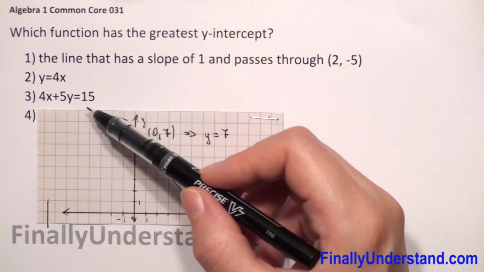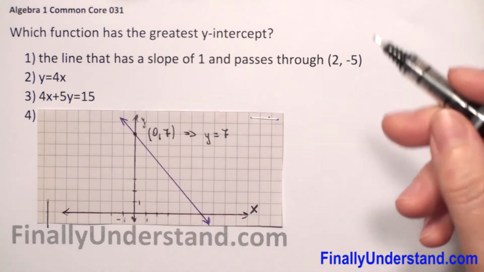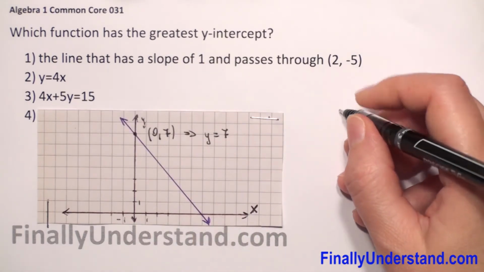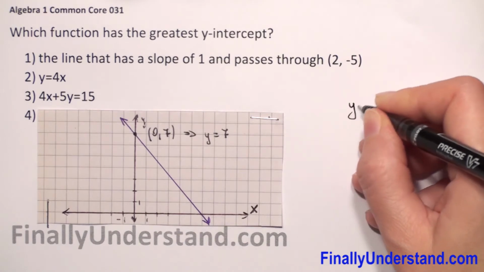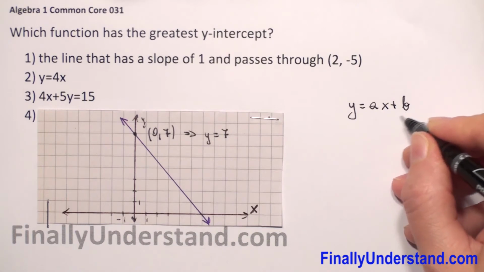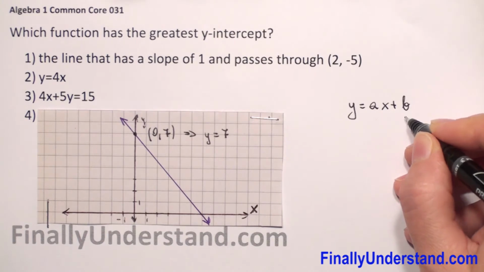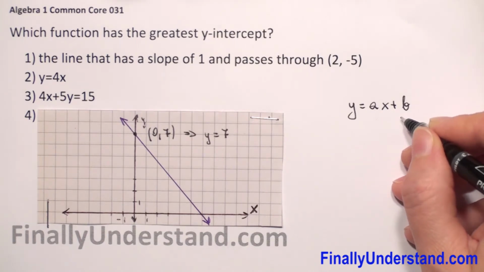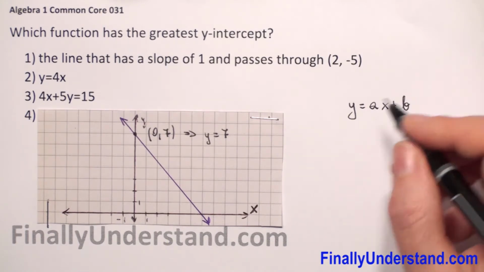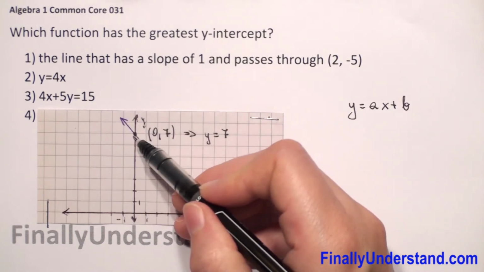So we need to change this function to general form, because the general form of a linear function is y equals ax plus b, and b always tells us the point at which we pass the y-axis, the y-intercept.